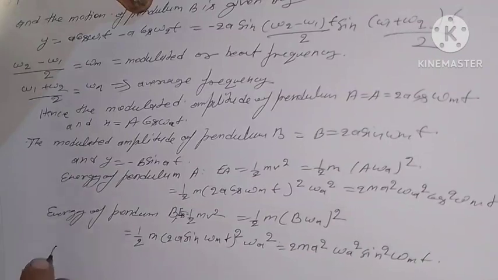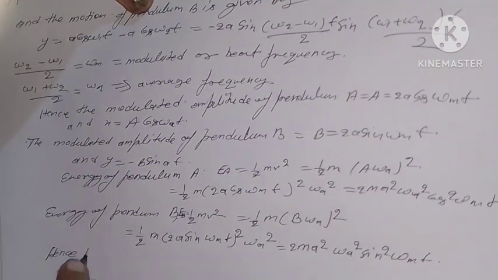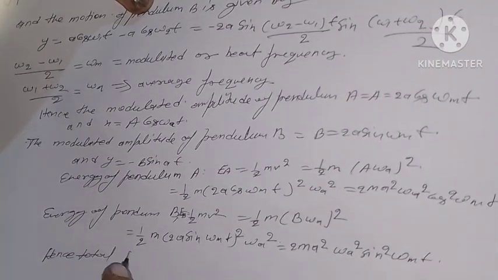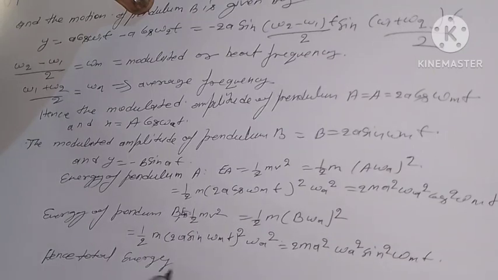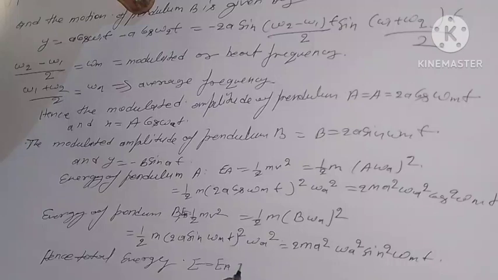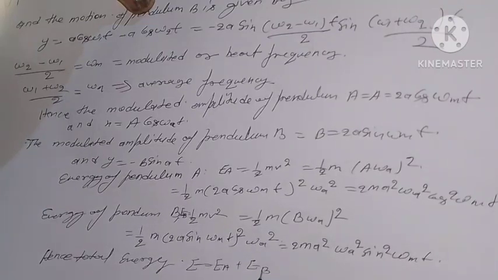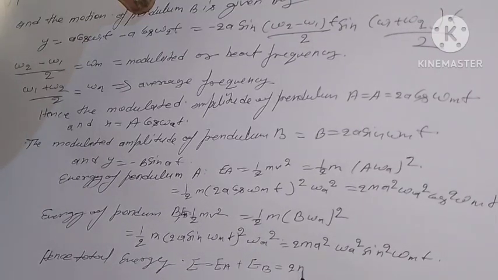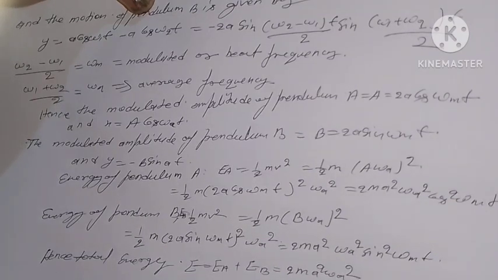Hence total energy E equals EA plus EB equals 2m a square omega a square.